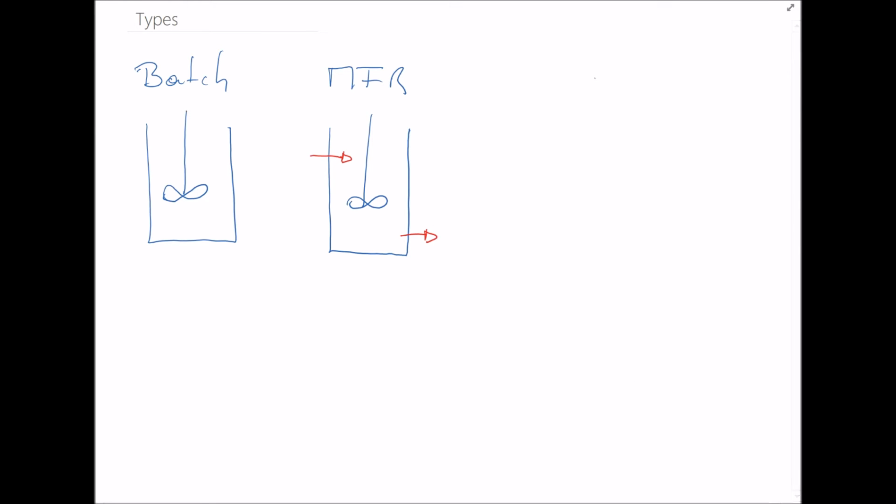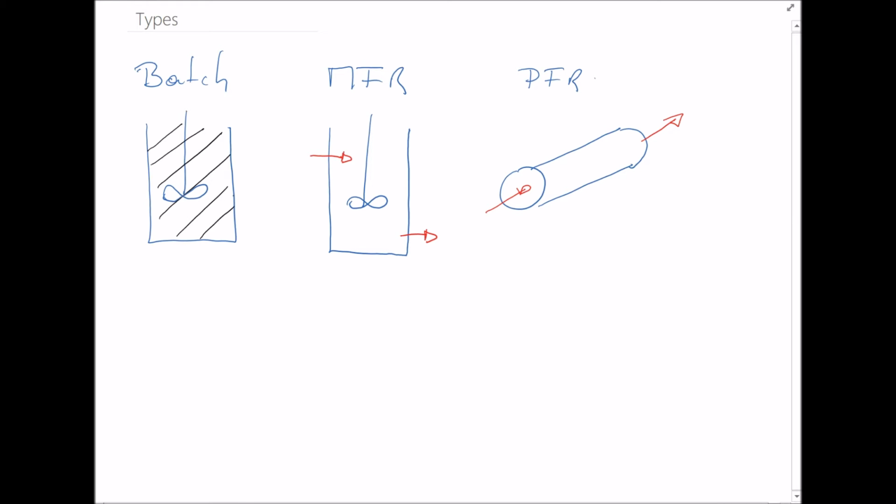of it. The third one is the plug flow reactor, PFR, which is basically a long tube and flow into the system at the beginning and flow out of it at the end. In the two tank reactors, we assume perfect mixing and a uniform concentration profile in the whole tank.